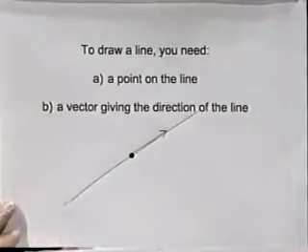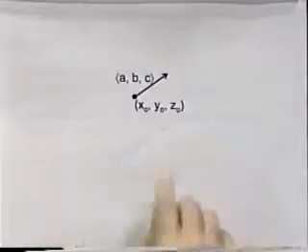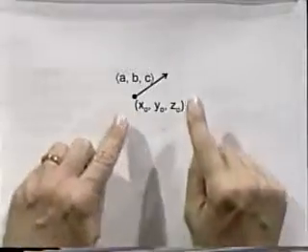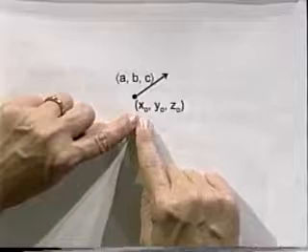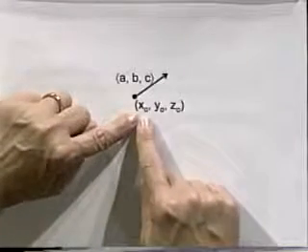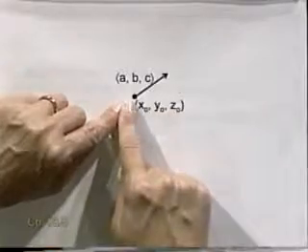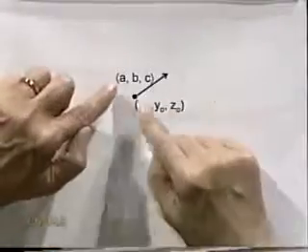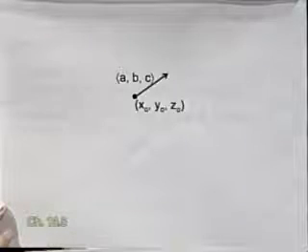Okay, well, that's exactly what we need to do in Calc 3 class to be able to draw a line. We need a point, and notice, people, it's very, very specific. The parentheses mean that it's a point, right? This is the point x naught, y naught, z naught. That's the point that's on the line, and the direction that my vector is pointing is vector v, which is given by a, b, c.